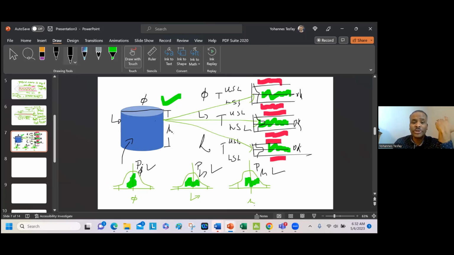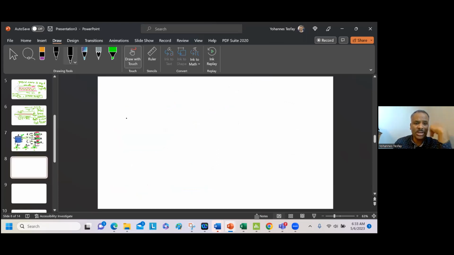And those three parameters are independent. The diameter is independent of the height and independent of the runout, isn't it? Yes.